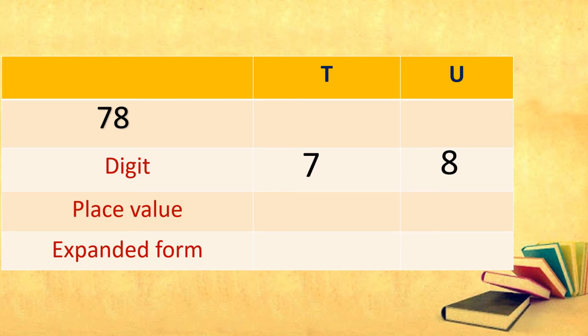Now, let's find out the place value of each digit. So, the place value of 7 is 70 and the place value of 8 is 8. So, the expanded form of number 78 equals 70 plus 8.